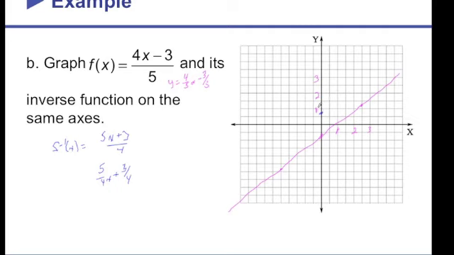And from there I'll go up 5. 1, 2, 3, 4, 5, and over 4. Takes me to here. We're going to do it backwards. 1, 2, 3, 4, 5, and over 1, 2, 3, 4. Takes me to here. And now I can draw that line.